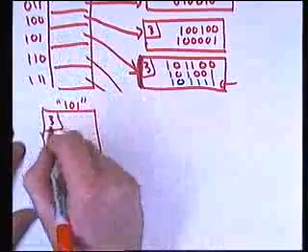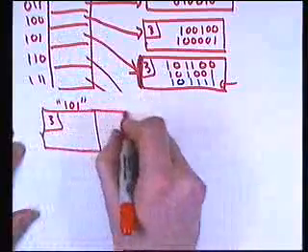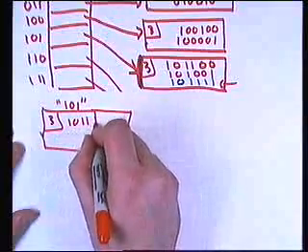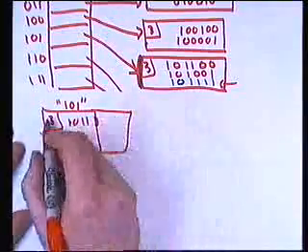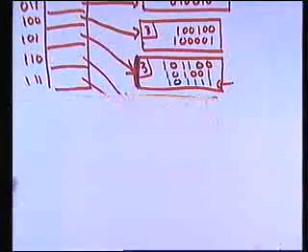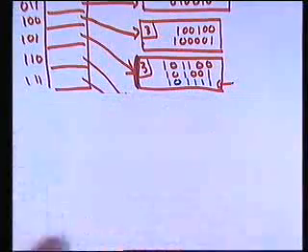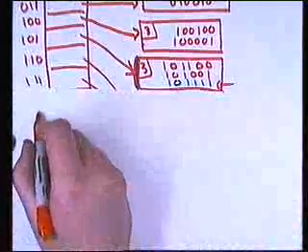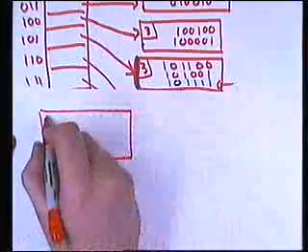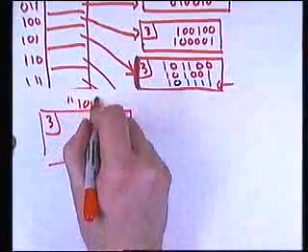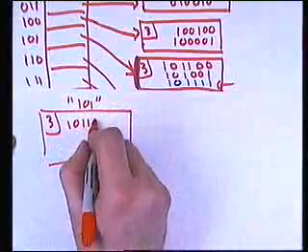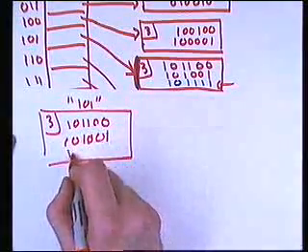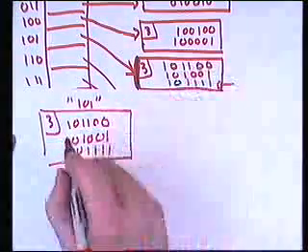We had a depth of 3 here, and this contains 101100, 101001, and 101111. These 3 have been copied there.